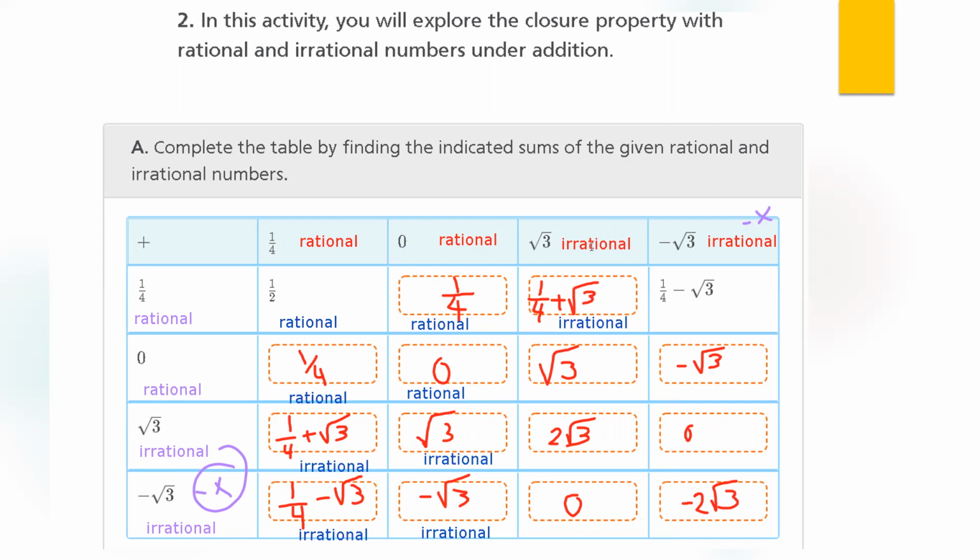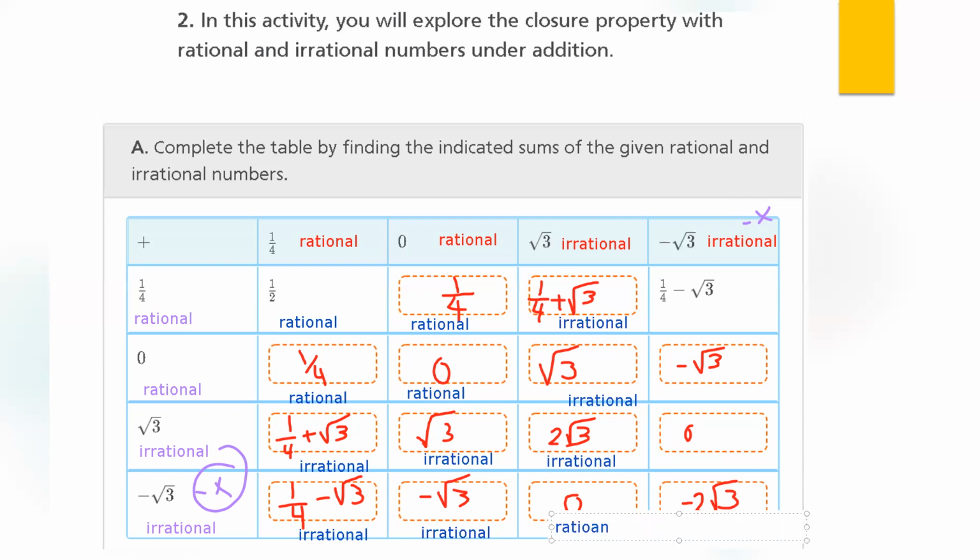Rational with irrational, the answer is irrational. Irrational with irrational, the answer is irrational. And irrational with irrational here, the answer is rational.